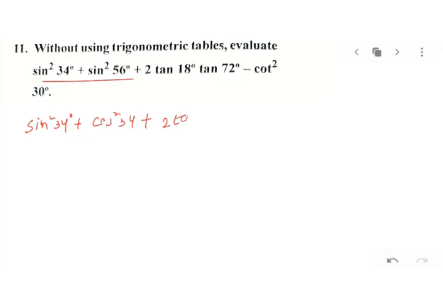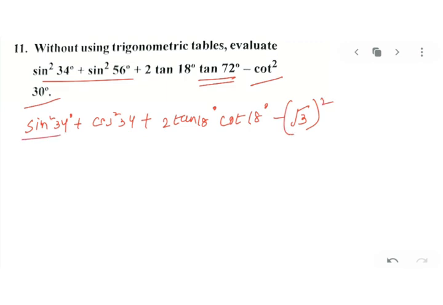Plus 2 tan 18 degree I'll keep as it is. For tan 72, I'm putting cot 18 degree. Minus cot square 30. Now the value of cot 30 you have in the table. So we know that cot 30 is root 3, so its square.